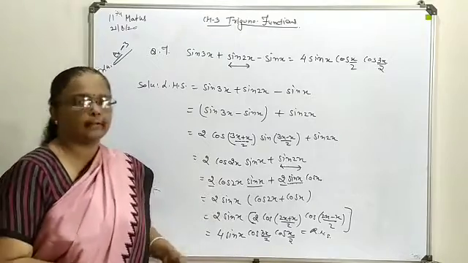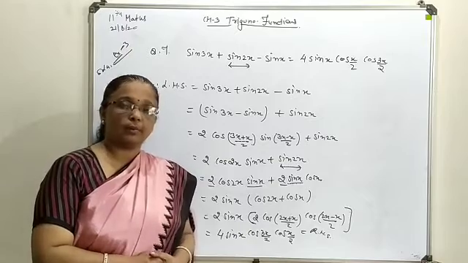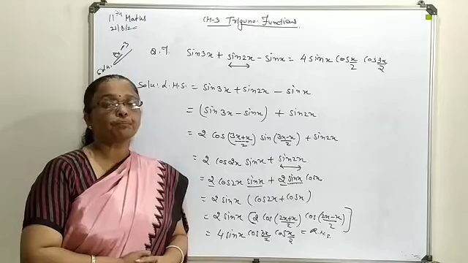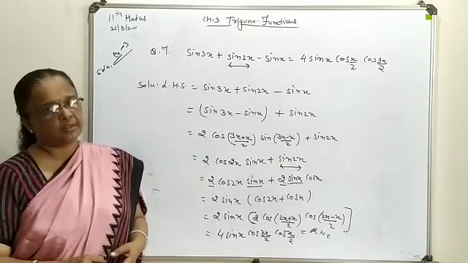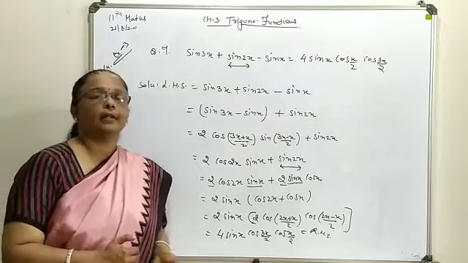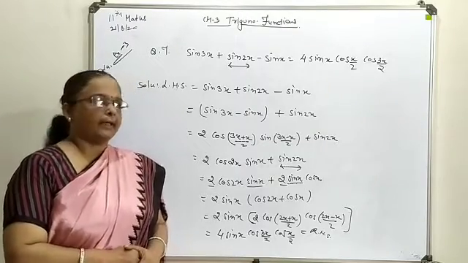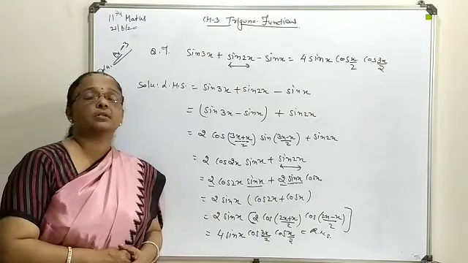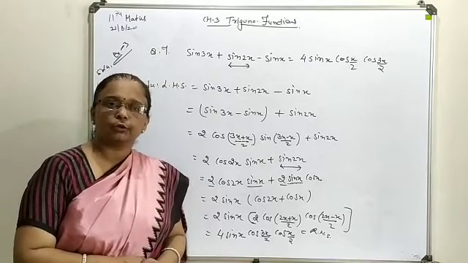So in the next lecture we will discuss some questions which will be based on evaluation of the term value when your full angle is available, meaning your x term is available and the half angle is being asked. For that purpose, in the beginning of this chapter I introduced some interconversion, especially in the form of cos 2 theta.